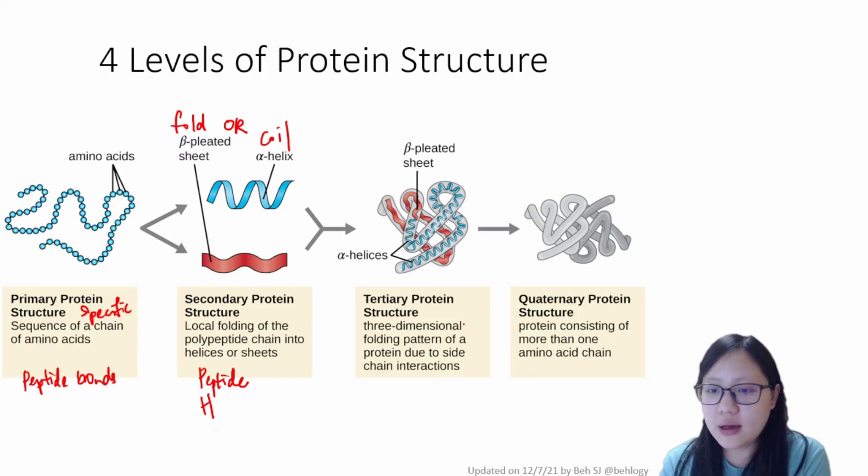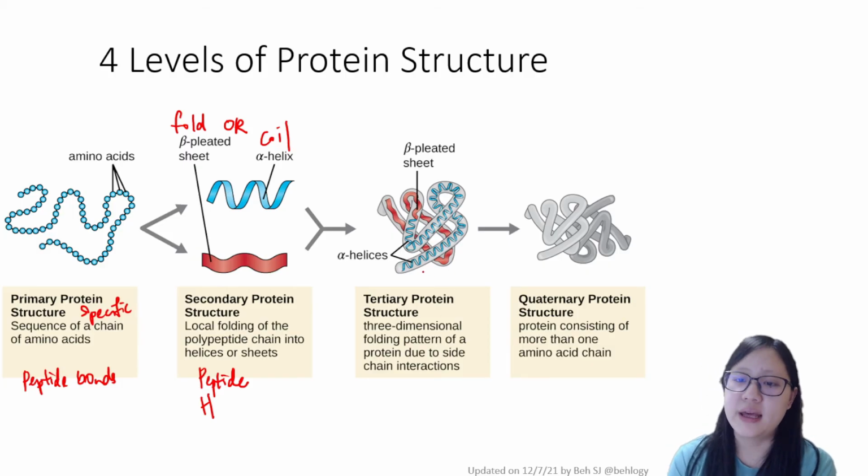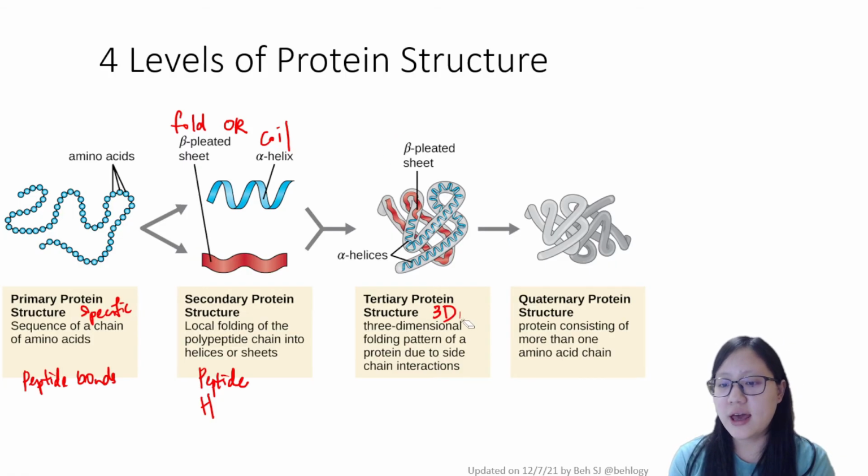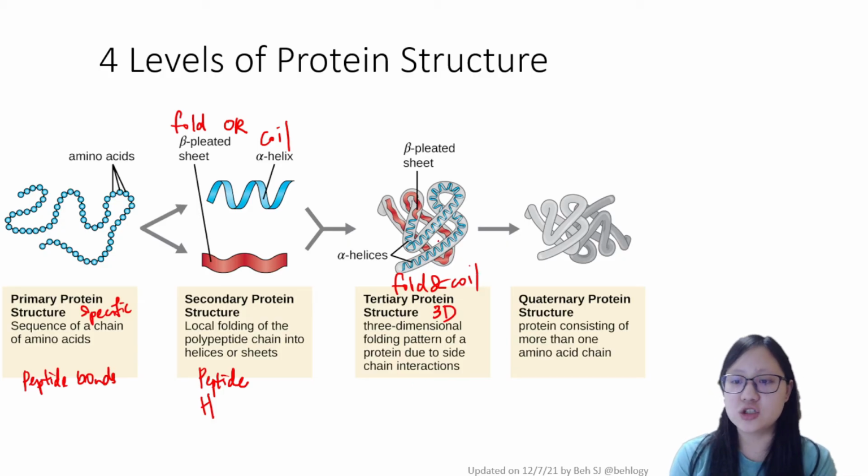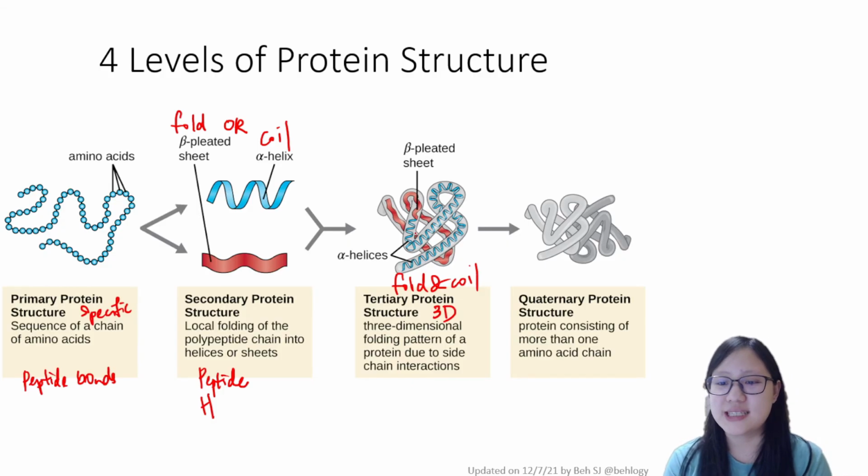Now, how about if it gets more complicated? This would be tertiary. This is a 3D structure, and this would include coiling and folding. At this stage, this structure is a specific shape. It's not random.